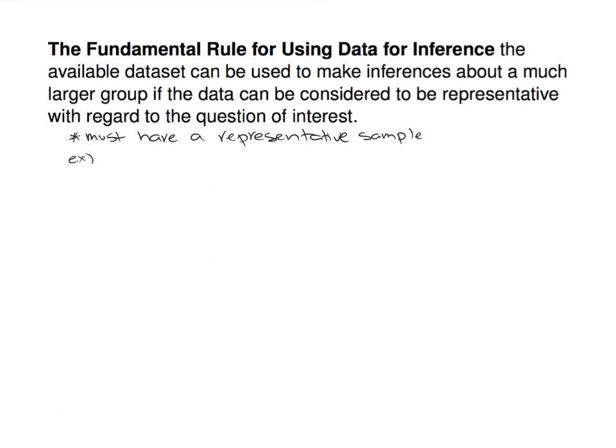For example, your sample shouldn't be all women or all men, unless you want to generalize to all women or all men. And it should include people of lots of different ages if you want to generalize to lots of different ages. So you have to think about, is your sample a sort of smaller picture of what the whole population you want to look at is?